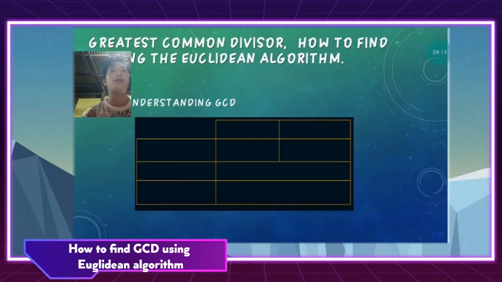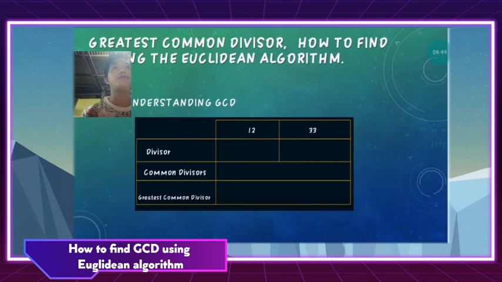Let's say the first number is 12 and the second number is 33. I'm going to find the GCD of 12 and 33. How to find this? I'm going to find the divisors, then the common divisors, and also the greatest common divisor.